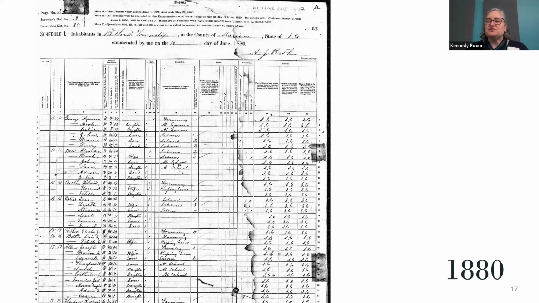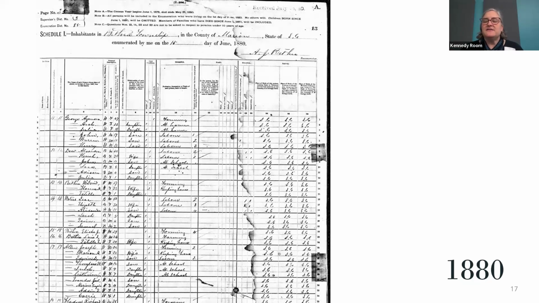The occupation of each person, both male and female, any number of months unemployed during that census year, the health questions, deaf, dumb, blind, idiotic, etc. Education questions, whether you've attended school within the year, can you read and write if you're an adult.